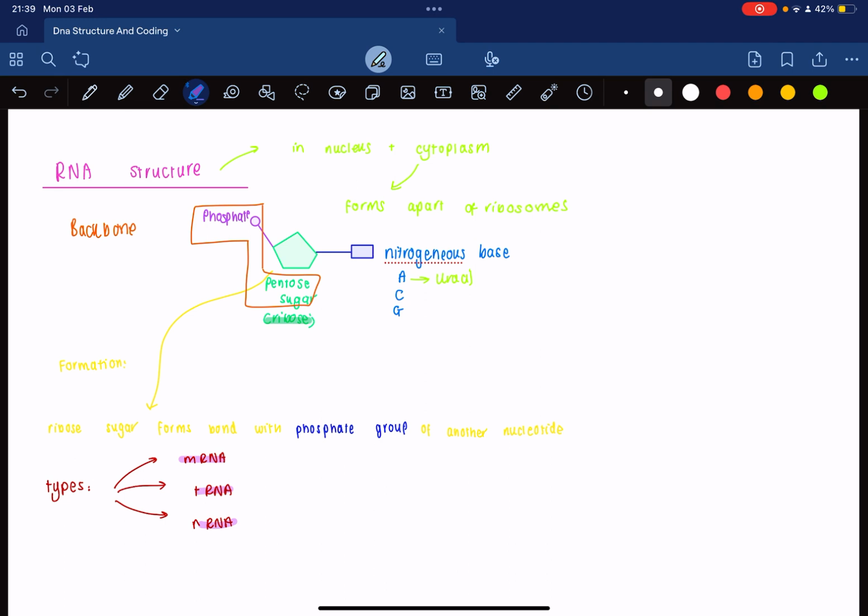And ribosomal RNA consists of a single strand. So what are the similarities between all three types of RNA? They consist of a single strand with an unlimited number of nucleotides. But what changes in the tRNA is that the single strand folds back on itself like a hairpin.